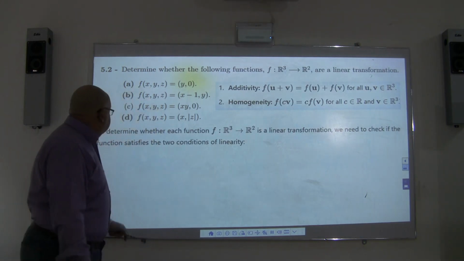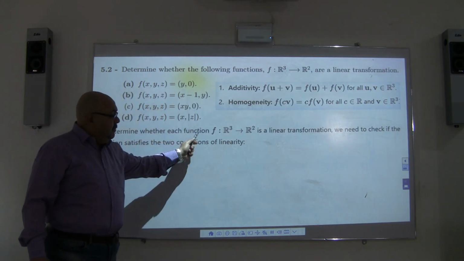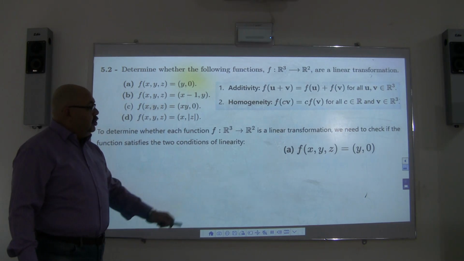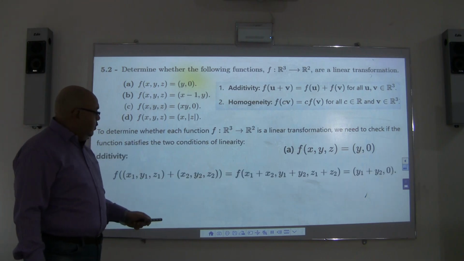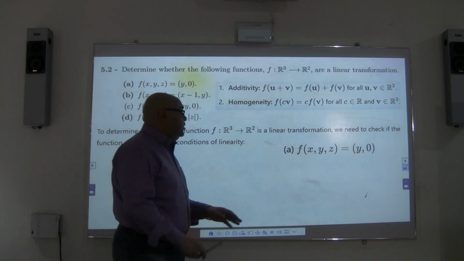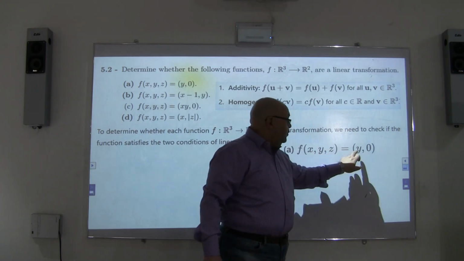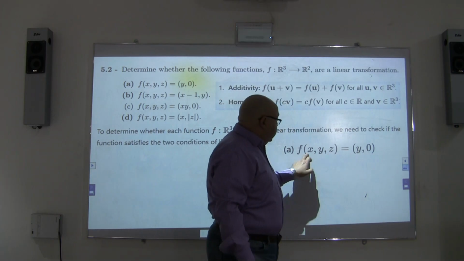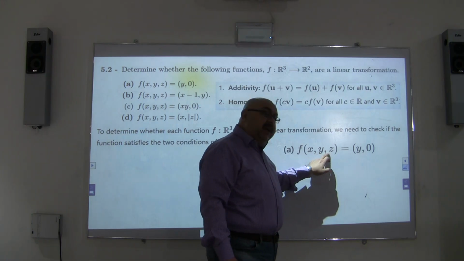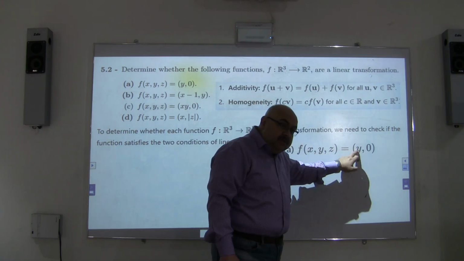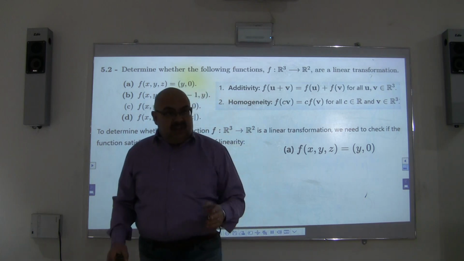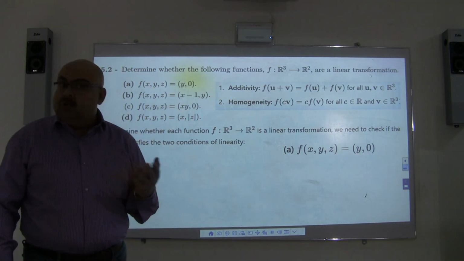So if I start to determine whether each of them is a linear transformation, I will check f of x, y, z equal to y and 0. So I will take 2 points. Let's say x1, y1, z1, which will be mapped to y1 and 0, then x2, y2, z2, which will be mapped to y2 and 0. Add them together and see if the property holds or not.